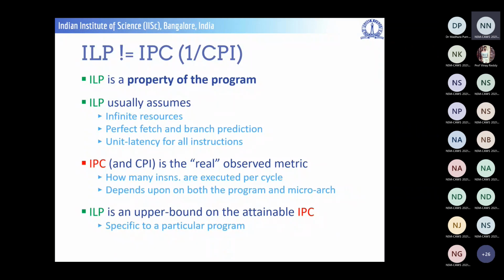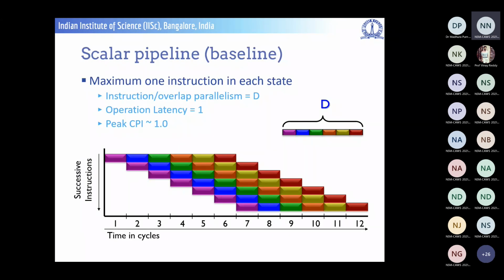Superscalar pipelining is one way to take advantage of ILP that may exist in the program presented to it. So we'll start by understanding what the superscalar pipeline is, with an example of the basic scalar pipeline. Let's take a look at this picture.